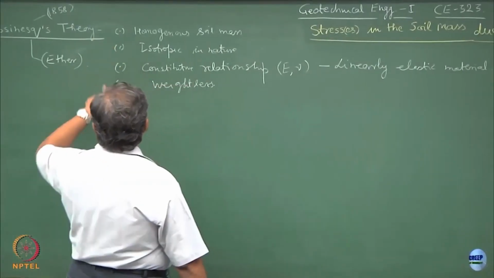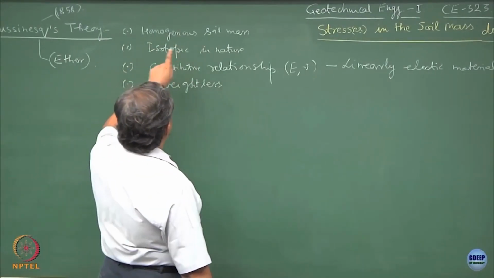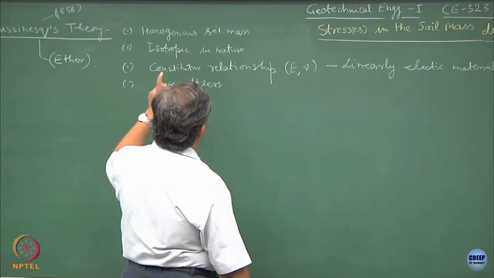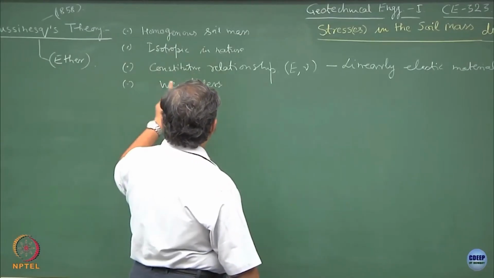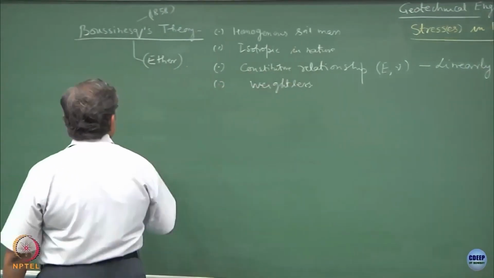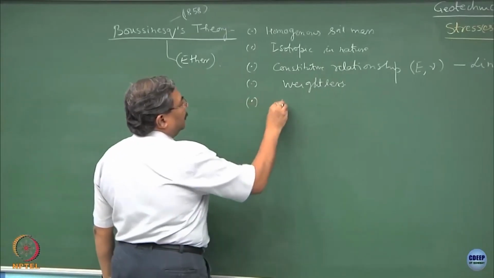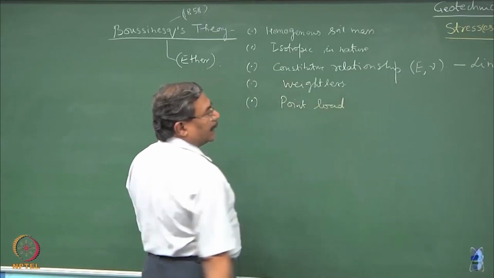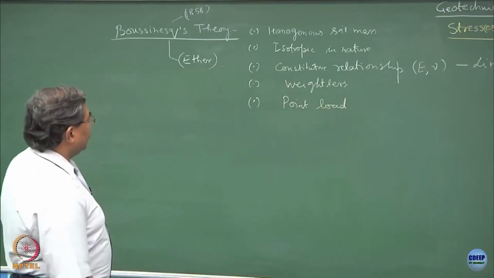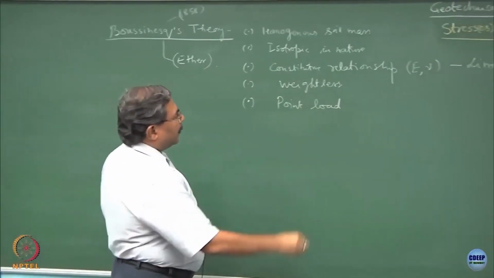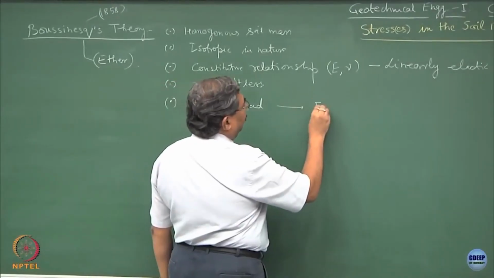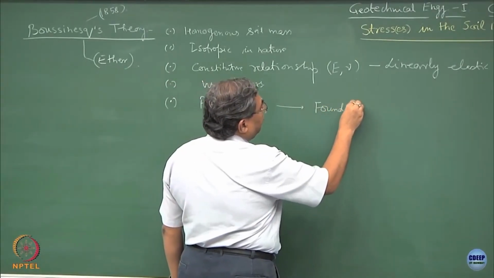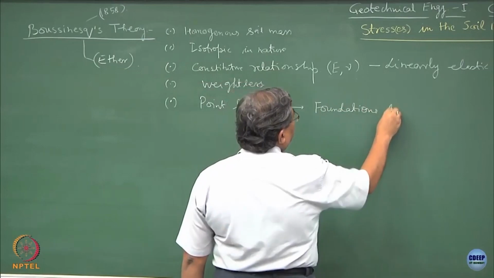So, if these relationships are valid, homogeneous, isotropic, constitutive relationship is valid, weightless material, and the point load, the external load which is acting on the soil mass is a point load. Where do you come across point loads? As I said, foundations of columns.